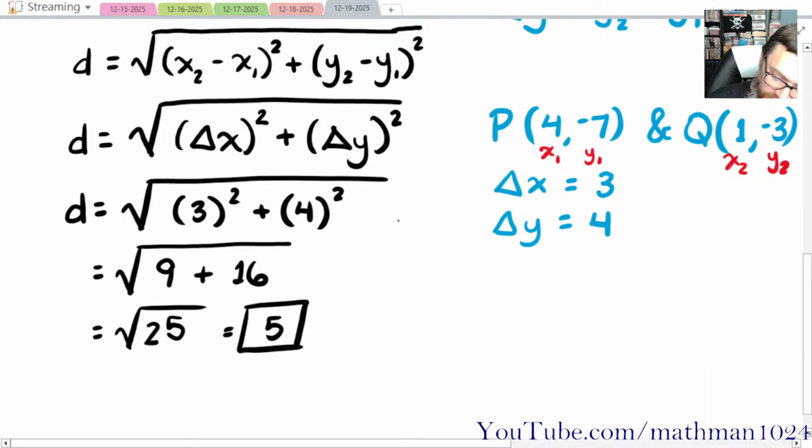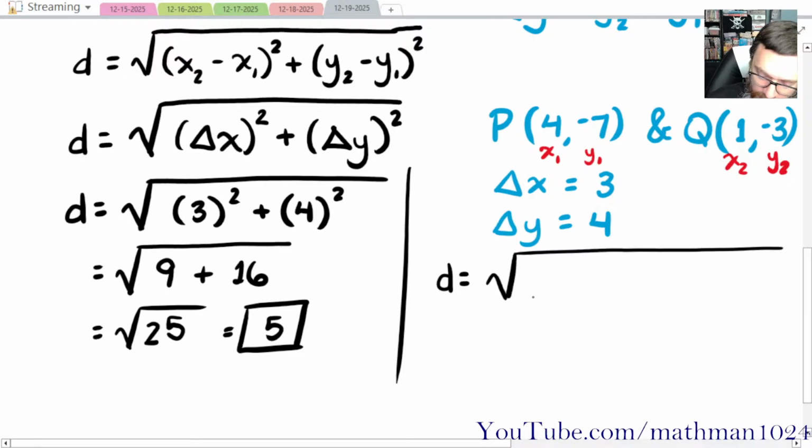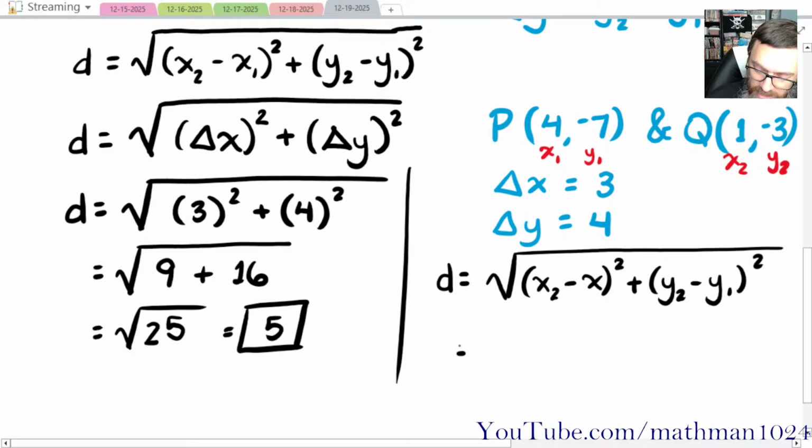And now let's find the distance based on my formula. Now remember, every time you use a formula, no matter where, no matter when, always make sure that you write the formula down first before you start plugging in. This will help keep you on the right path, and it keeps you from making careless mistakes, and also helps cement the formula in your mind.